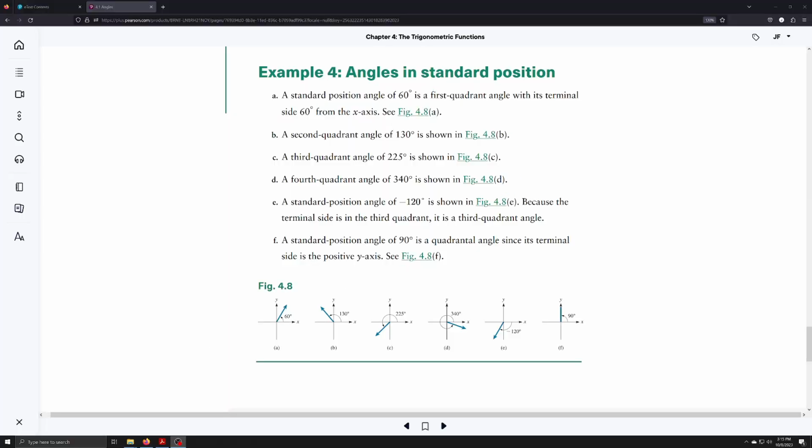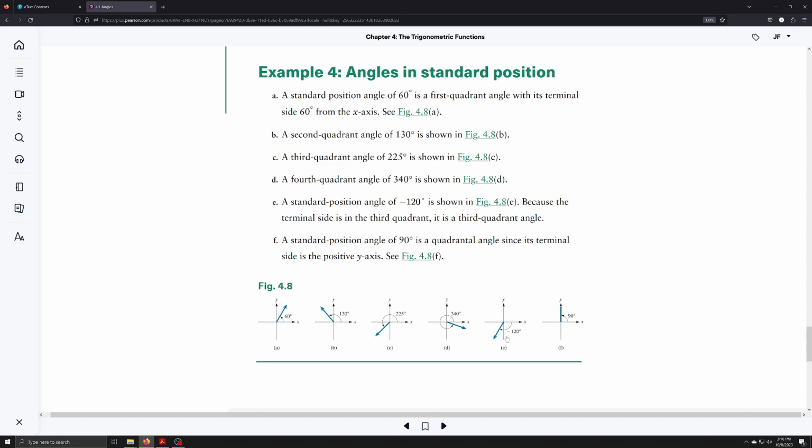Here we have example 4, angles in standard position. As you can see, part A matches up with figure 4.8a. This is a 60 degree angle in quadrant 1. This is a 130 degree angle in quadrant 2, 225 degree angle in quadrant 3, 340 degree angle in quadrant 4.